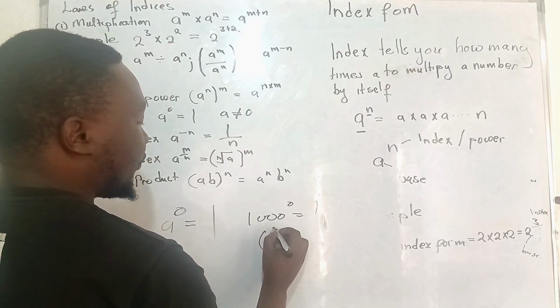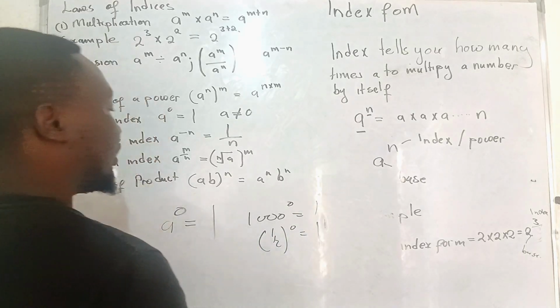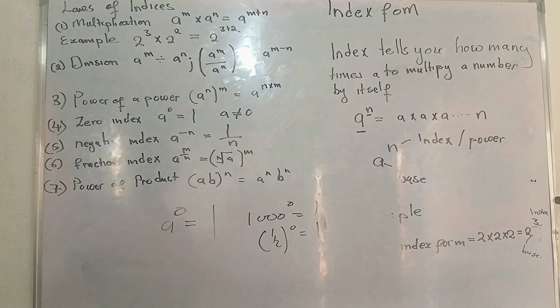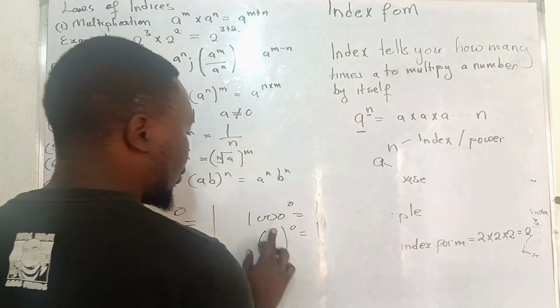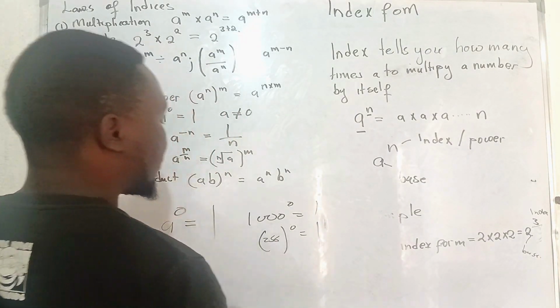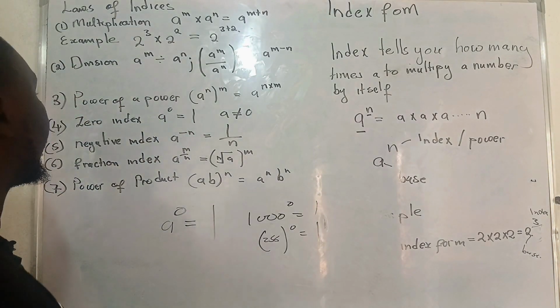Even if you have half to the power 0, that's 1. So any number to the power 0, let's say a number like 256, is always equal to 1.